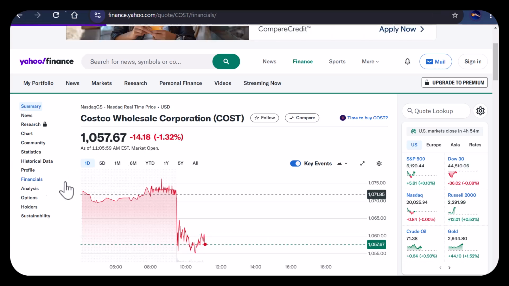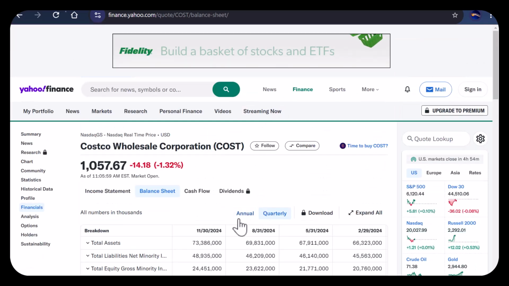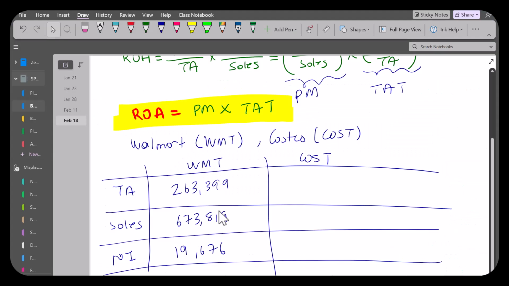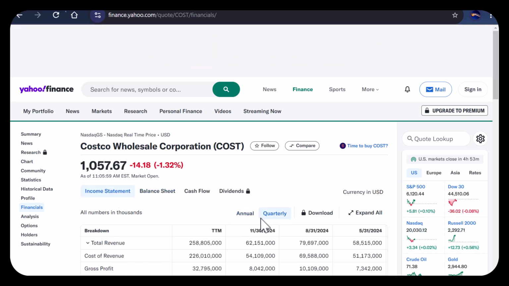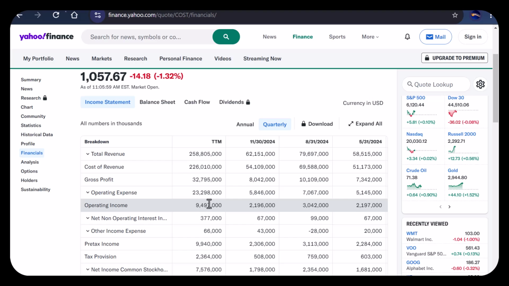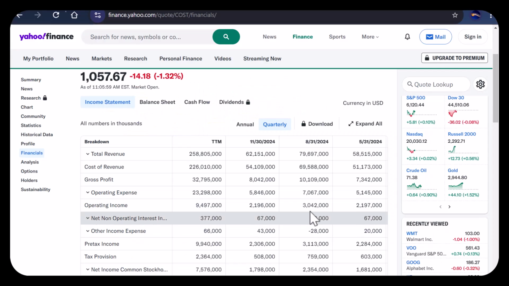Financials, balance sheet, quarterly, total assets 73,386. Sales of $258,805. And net income of 7,576.